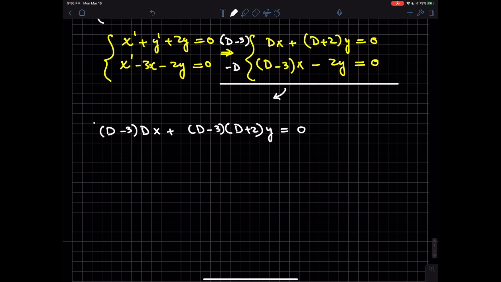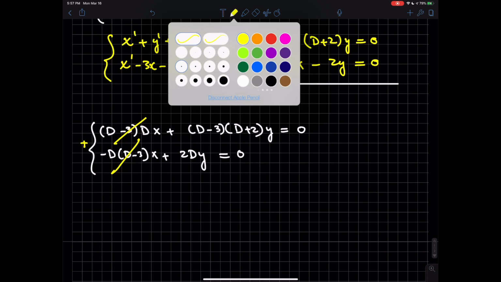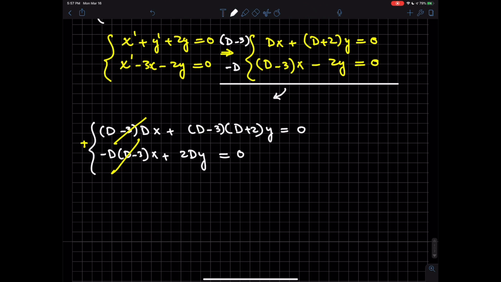And then for the bottom one, I'll have minus (d minus 3)x plus 2dy equals 0. And now I can cross cancel the first two. So I add the two equations together at this point, cross them, and then I will have only my y variables left.